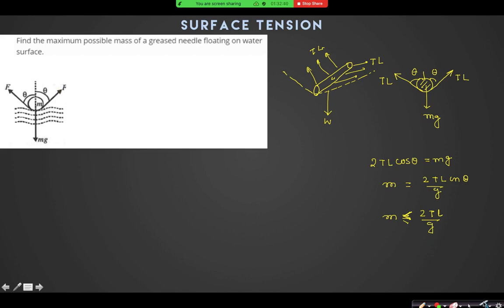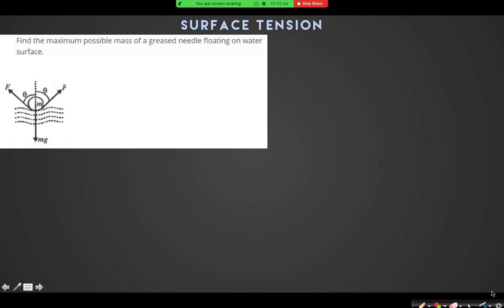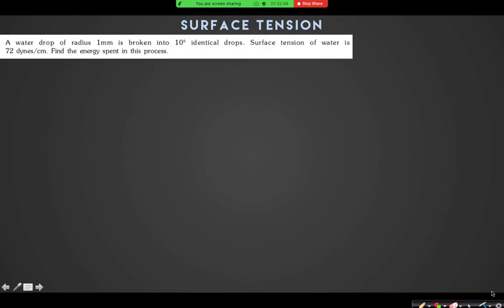All right. A water drop of radius 1 millimeter is broken into 10 power 6 identical drops. Surface tension of water is given. What is the energy spent in this process?